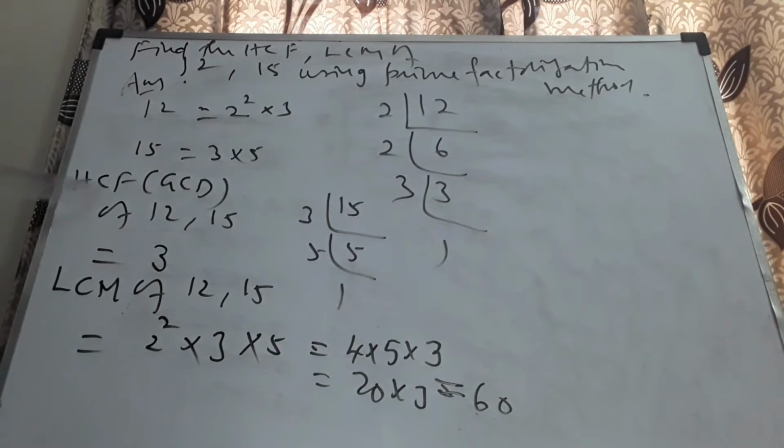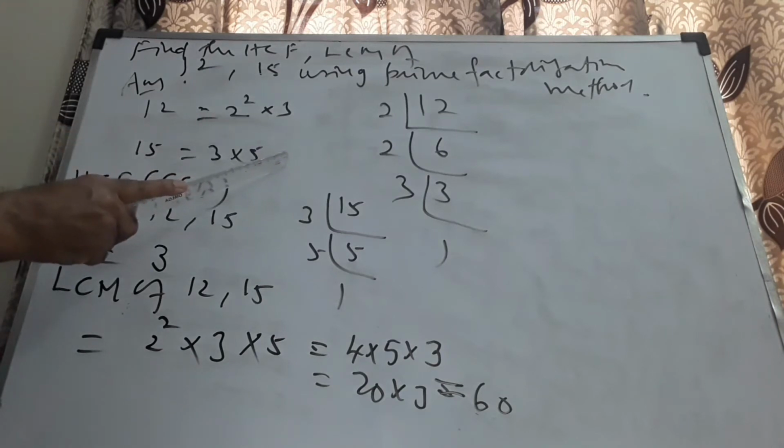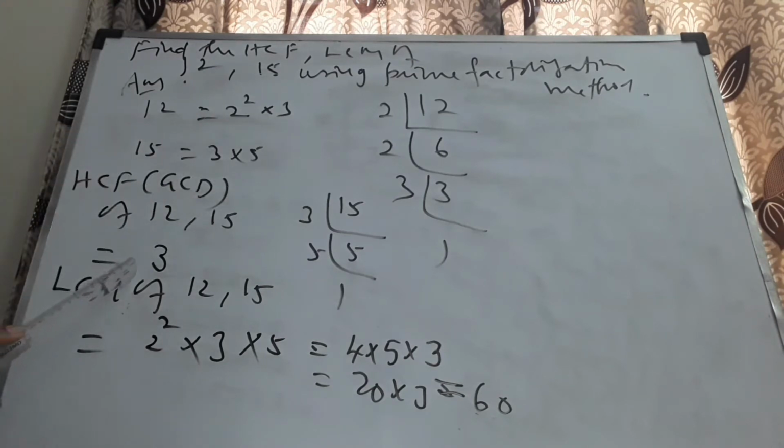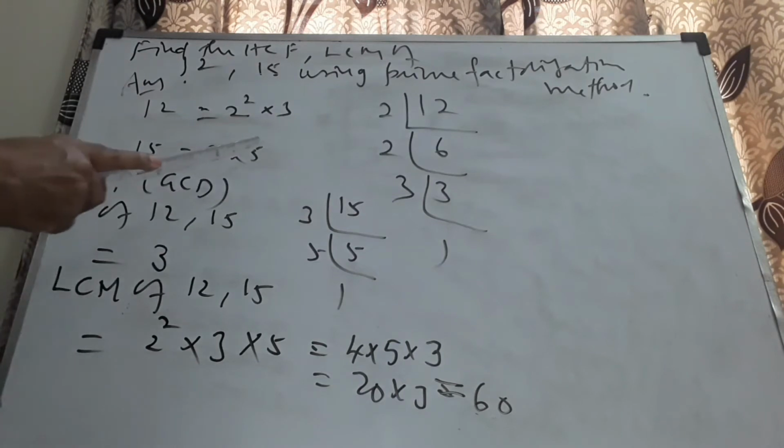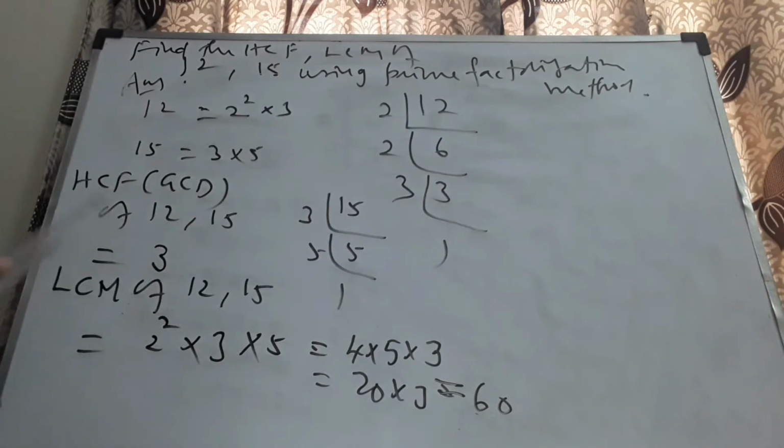Wherever I have the word highest or greatest, out of the common factors, I will write the factor having lower powers or least powers. 2 square and 2 power 0: I won't write 2 power 0 because anything power 0, except 0 power 0, is 1. 3 has a common power 1, so I'll take it. Then 5 power 0, I won't write. The HCF will be 3.